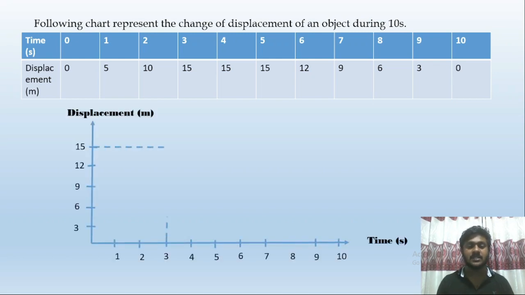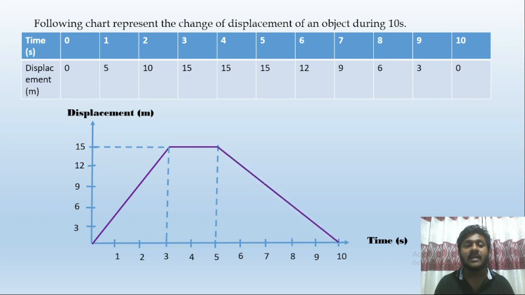In the first instance, it increased the displacement up to 15 in 3 seconds. And in the 4th and 5th seconds, it does not move and it is in a resting position. And after that, it turns back and moves to the initial position and the displacement becomes 0.